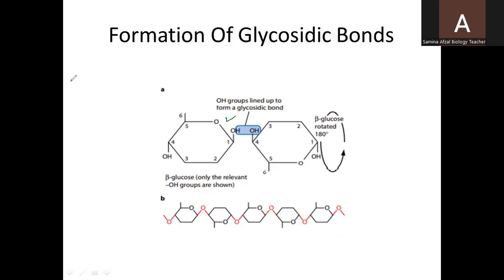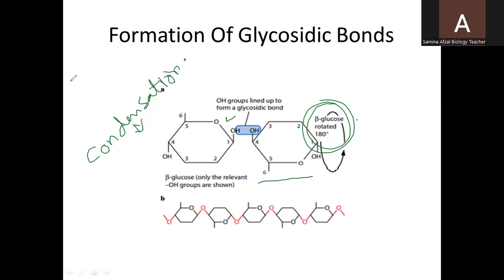So when there is the formation of a 1,4 glycosidic bond, one glucose molecule has to rotate through 180 degrees, and the bond forms by a condensation reaction. I already told you what a condensation reaction is, in which on joining two glucose molecules, one water molecule is removed. As a result, there will be the formation of a glycosidic bond.